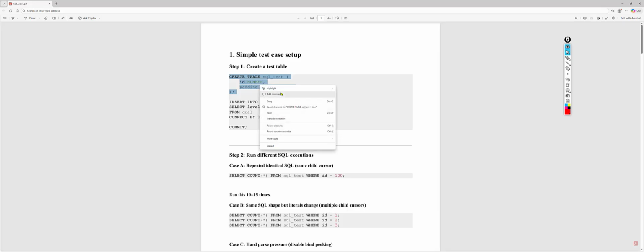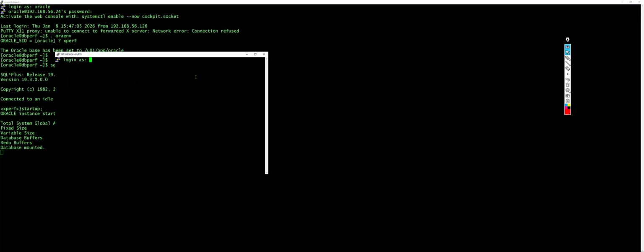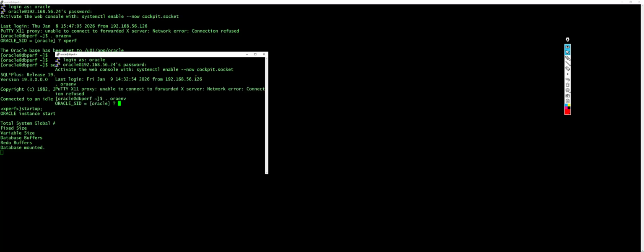So let us create a sample table first so that we can use this sample table for monitoring purposes. We'll open two sessions in Putty and open two SQL Plus sessions.